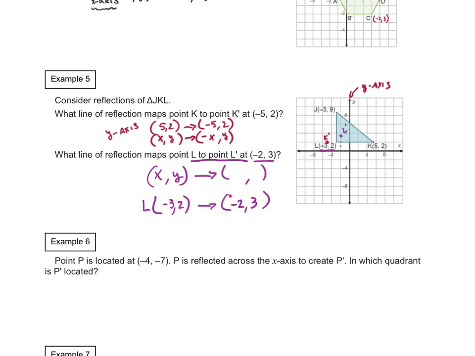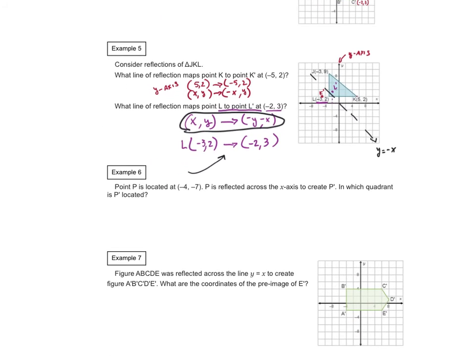My y has become my x and it has negated, which means the sign has changed. So this is my mapping, and it turns out that I end up having a reflection over that imaginary line right there of y equals negative x. And sure enough, if we went back and looked, that would be the mapping rule for the reflection over y equals negative x.